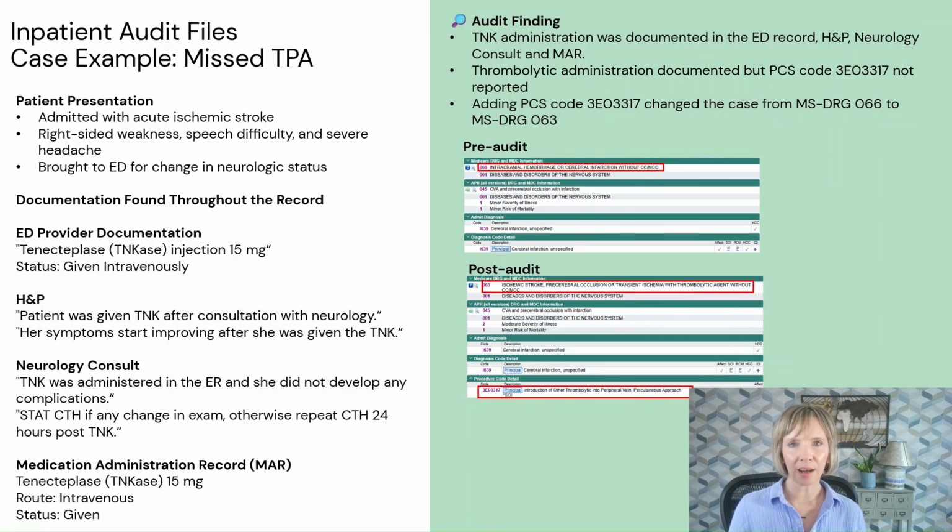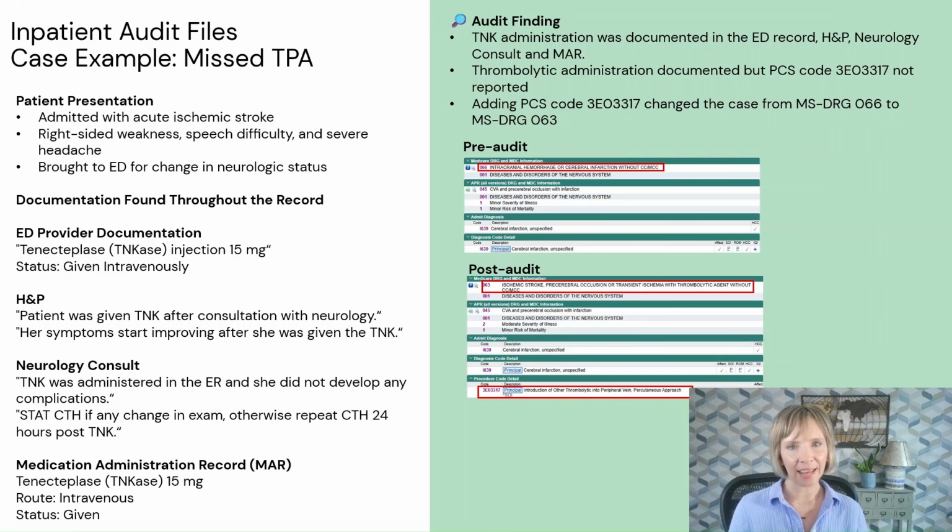The neurology consult also references TNK administration in the emergency department and includes post-thrombolytic monitoring instructions. Finally, the medication administration record, or MAR, confirms that the medication was given. After identifying the missed thrombolytic administration, the PCS code was added and the case regrouped to the correct DRG.